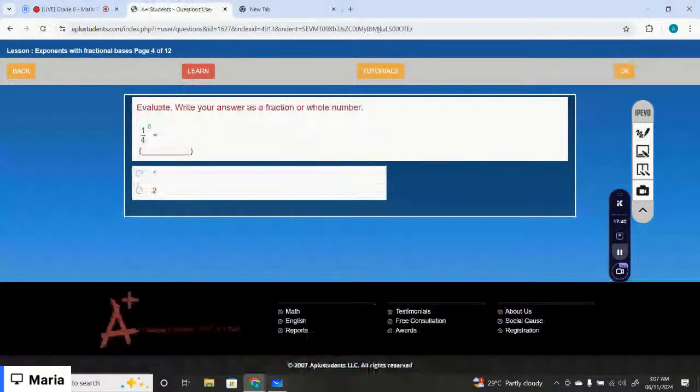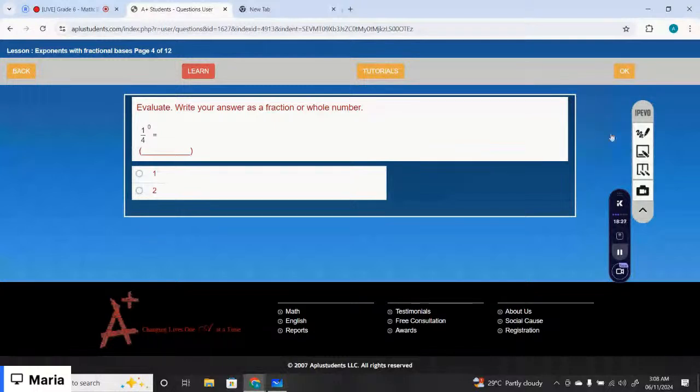1 by 4 exponent 0, which is the correct option. 1 by 4 exponent 0 is 1.